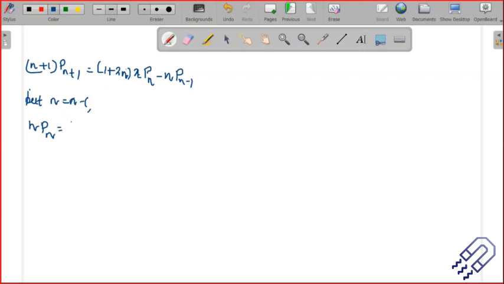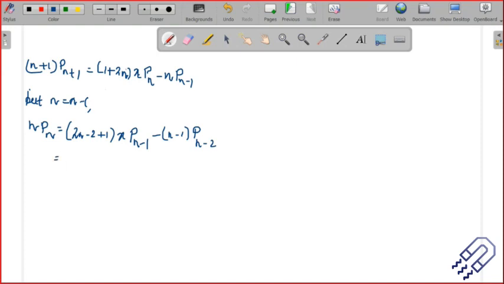What about this? This is nothing but 2n minus 1, that means 2n minus 2, and then there is a plus 1. 2n minus 2 plus 1, and x will be there, and in place of n it will be n minus 1. Minus, in place of n it is n minus 1, and this is p, in place of n it is n minus 1, so this is n minus 2.